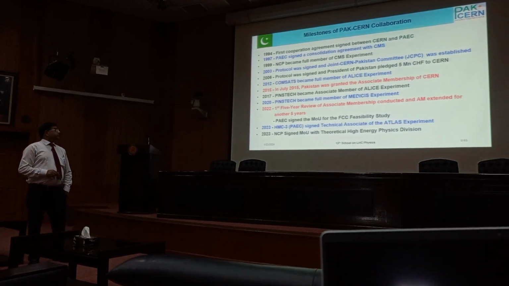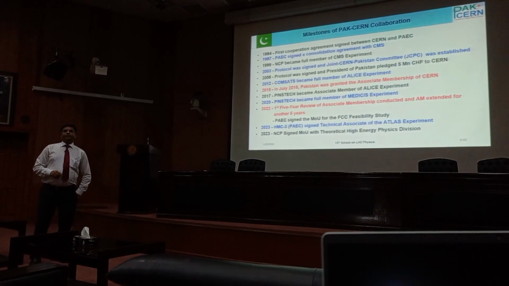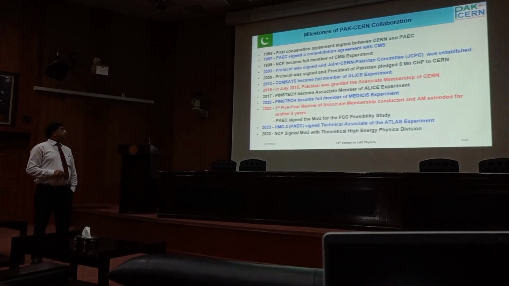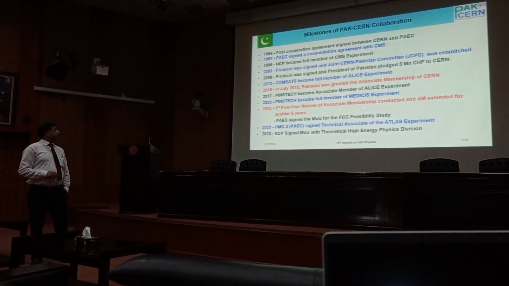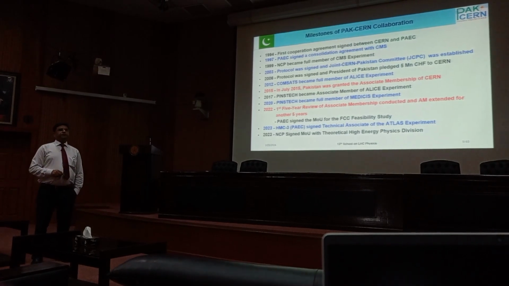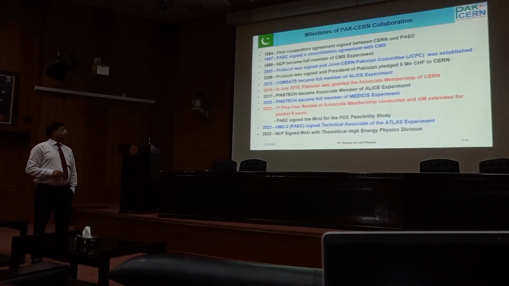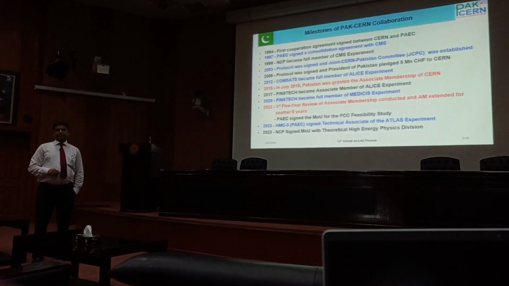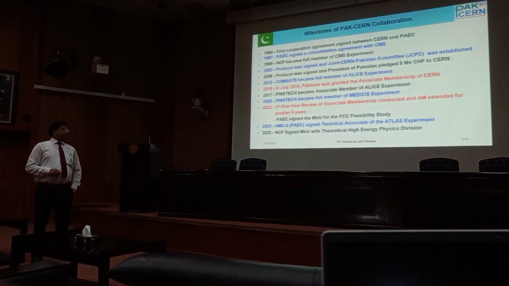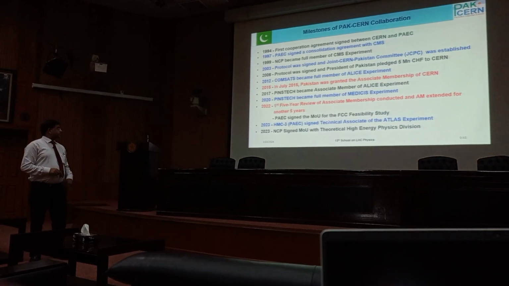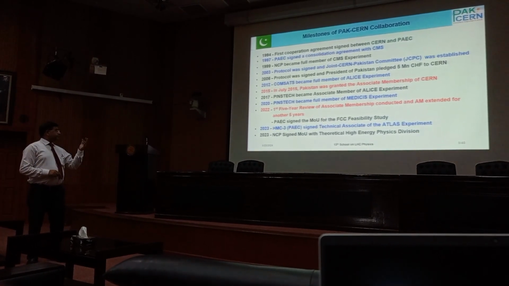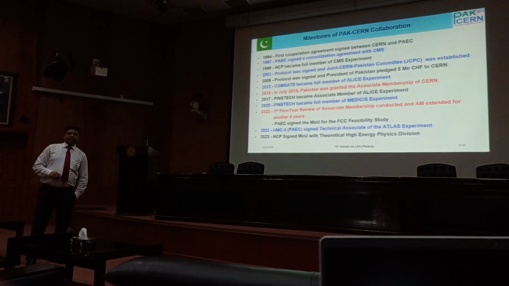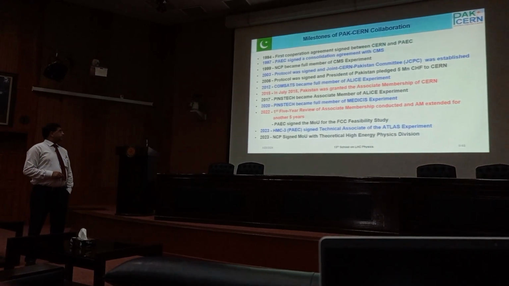Then in 2012, Pakistan became a member of the LHC experiment, and in 2015, Pakistan became an associate member of CERN. In 2017 it became an associate member of the LHC experiment, and in 2020 a member of the medicine experiments, for radioisotope production. Then two years back, a 5-year deal was concluded, and Pakistan has been granted associate membership status for the next 5 years.